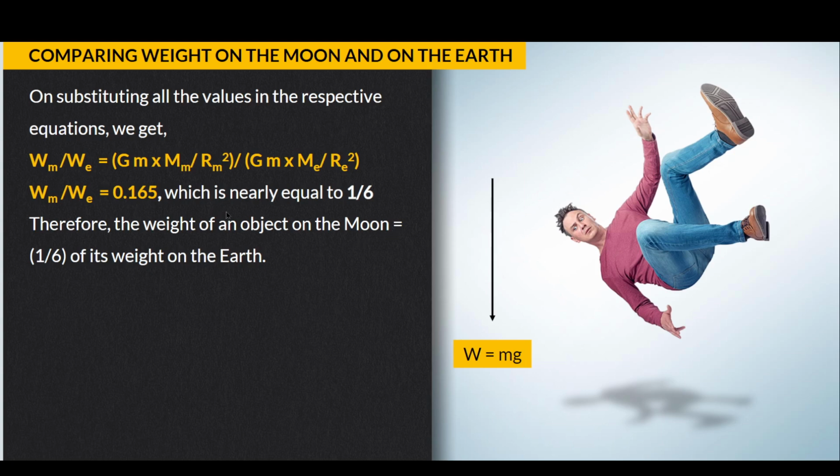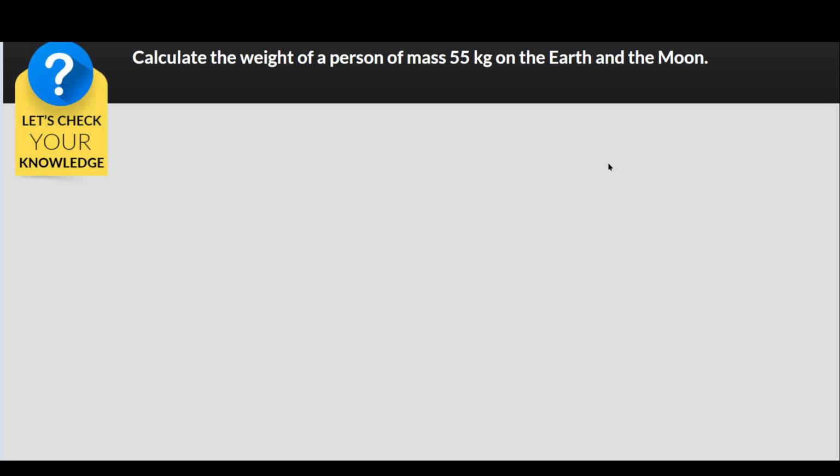Here you can see the weight ratio is 0.165. If we compare the weight on the moon and earth, it is nearly equal to 1/6. So the weight of an object on the moon is 1/6 of that on the earth.